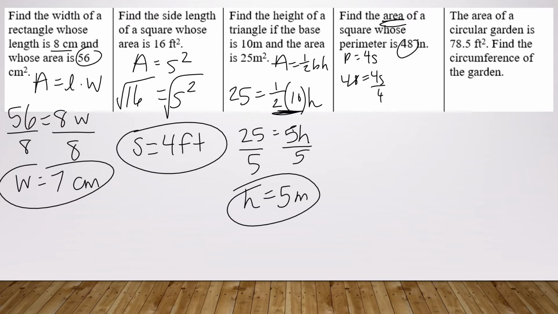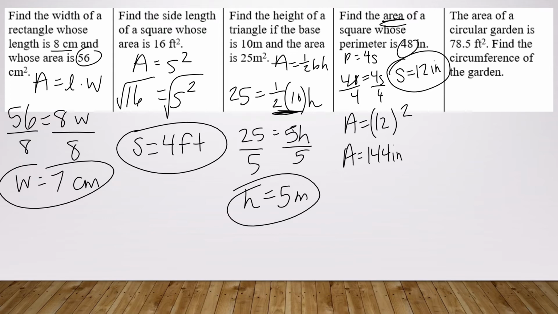So divide both sides by 4, and you get S equals 12 inches. You cannot figure out the area without figuring out the length of the sides. So area of a square is S squared. So the area of this square would be 144 inches squared.